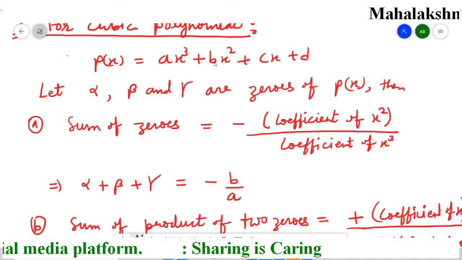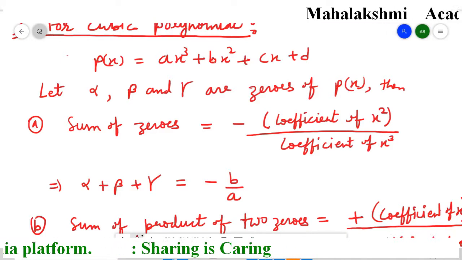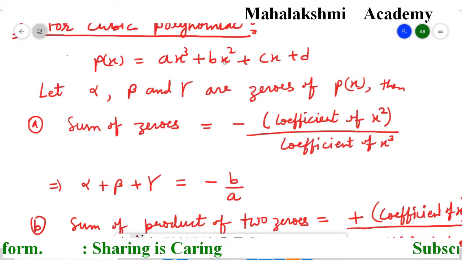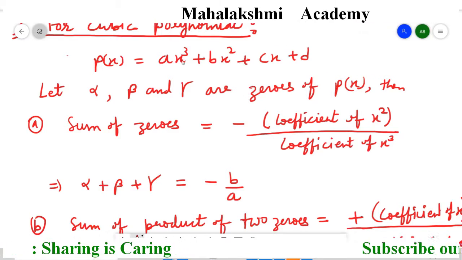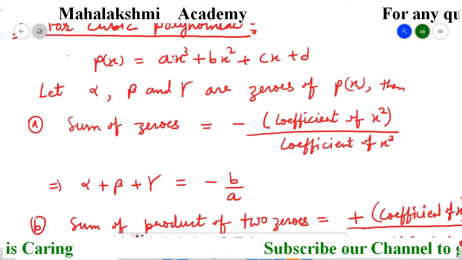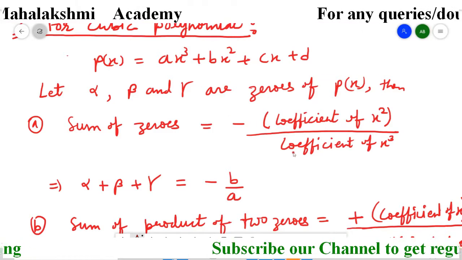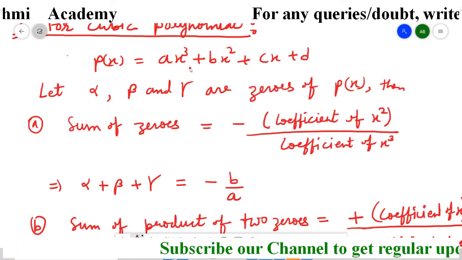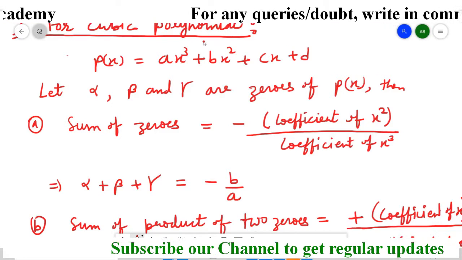Here you have to select from this: coefficient of x square upon coefficient of x cube. This coefficient of x cube is only used for the denominator.